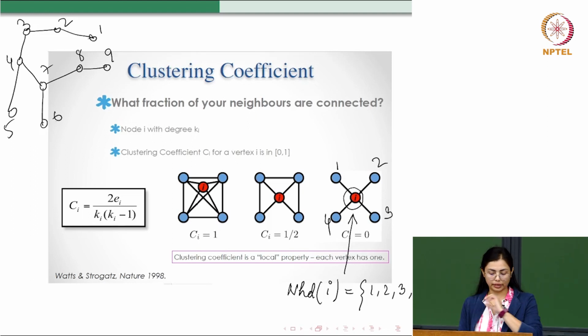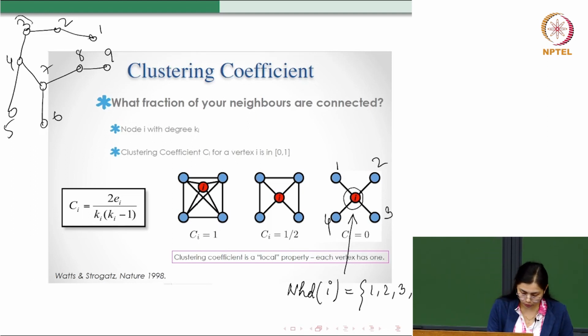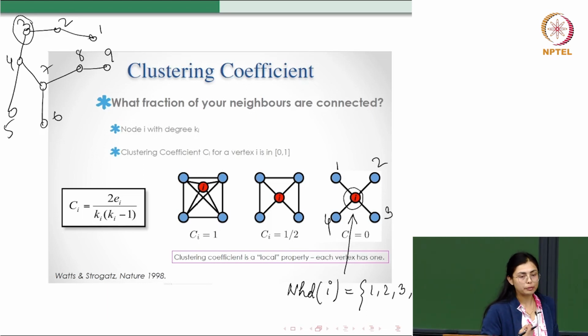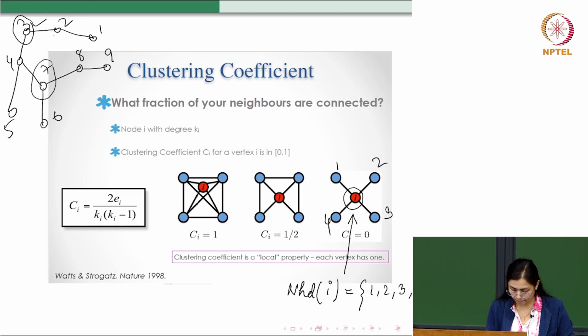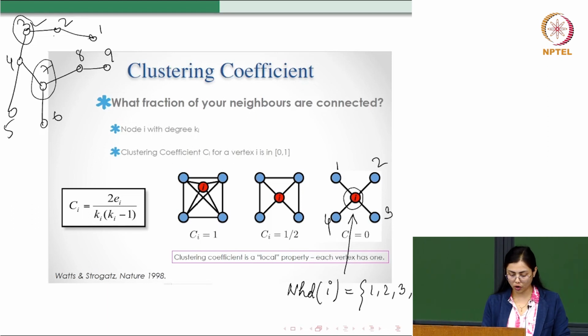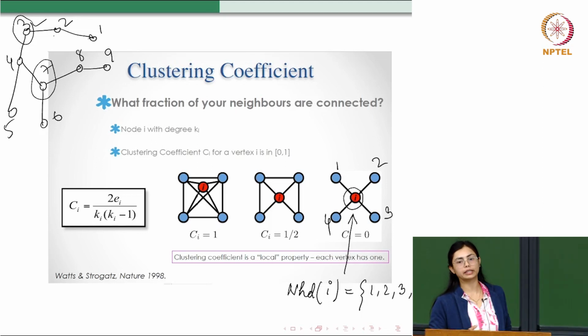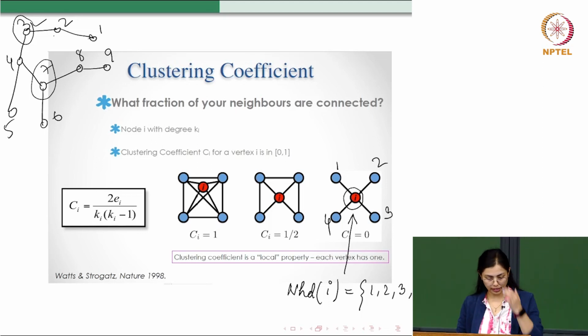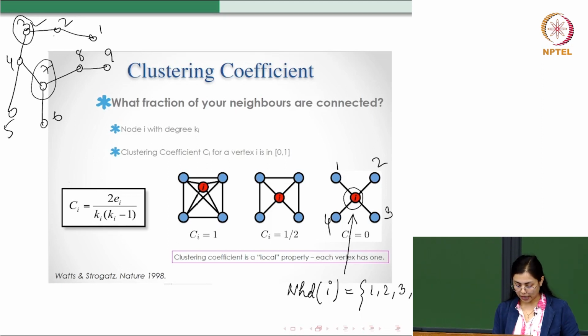Now what is the clustering coefficient, say for 3? What is the probability that its neighborhood is also connected to each other? Definitely for 3 it is 0. And for 7, its neighborhood is 4, 6 and 8. What is the probability that they are also connected among themselves? Again 0.